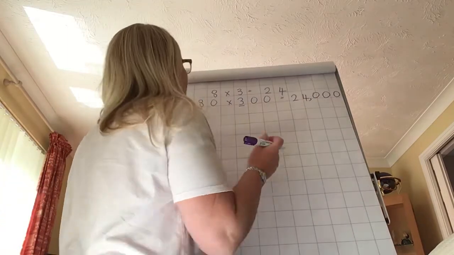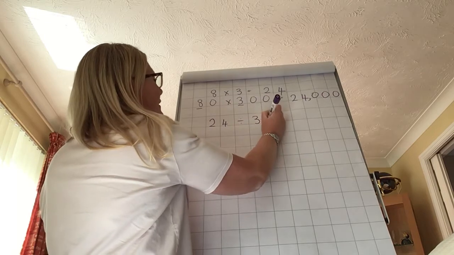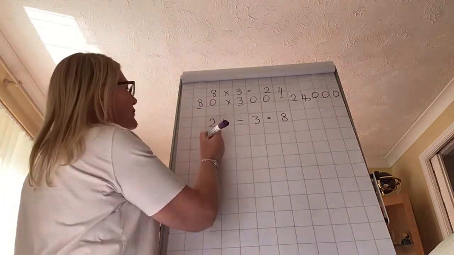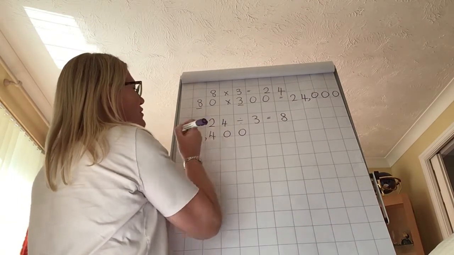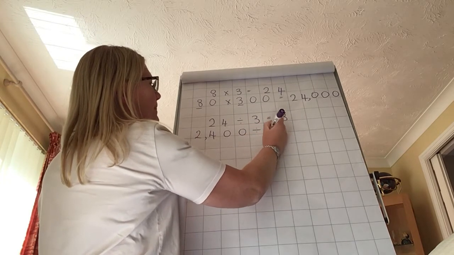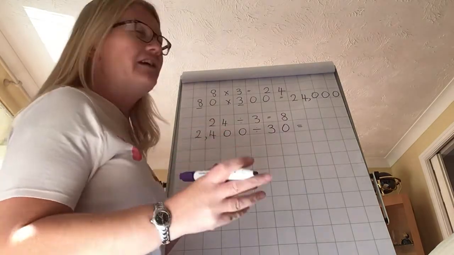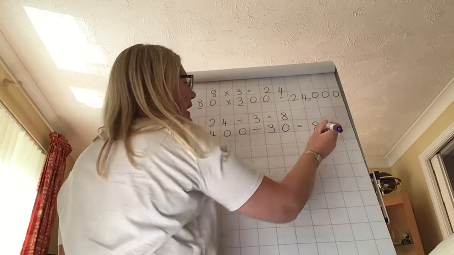Conversely, I know that 24 divided by 3 equals 8. So if I were to say, let's say 2,400 divided by 30, again, I know I've got my 24, my 3, I'm dividing, it's going to be an 8.